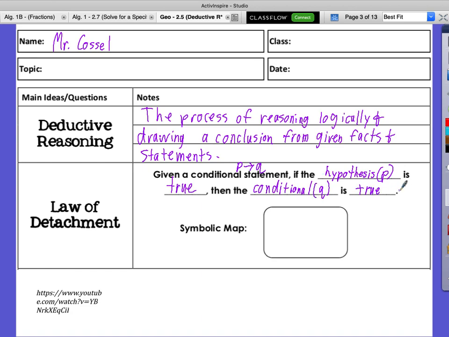So we're saying that given a conditional statement, if the hypothesis is true, then the conclusion is true. If the first part's true, the second part is going to be true in our conditional statements. If it's a true conditional statement, that's how it'll be.